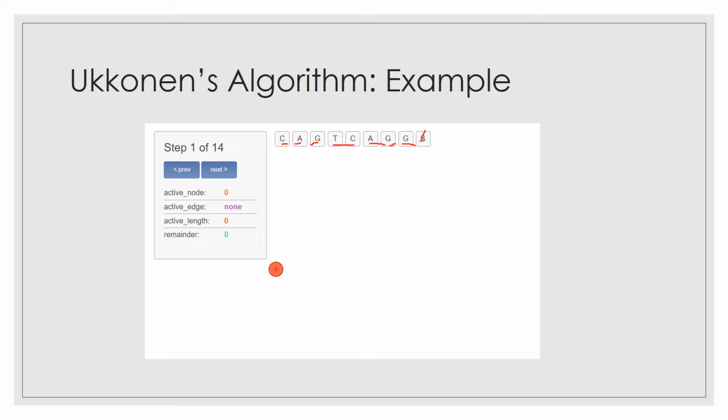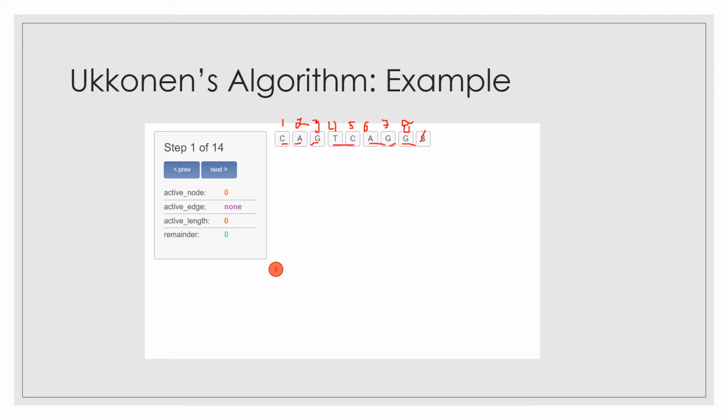For the most part we don't use it, so it's just for presentation. And these are the indices for these characters: 1, 2, 3, 4, 5, 6, 7, and 8.